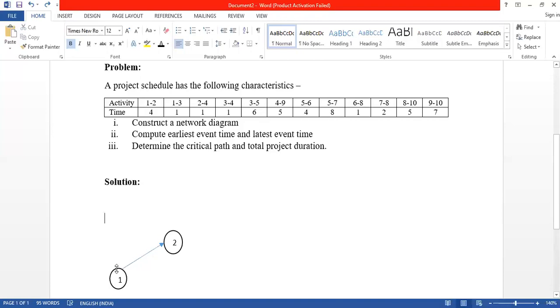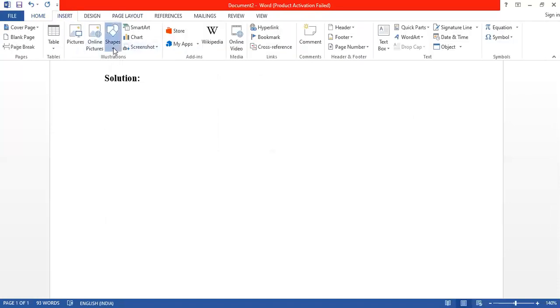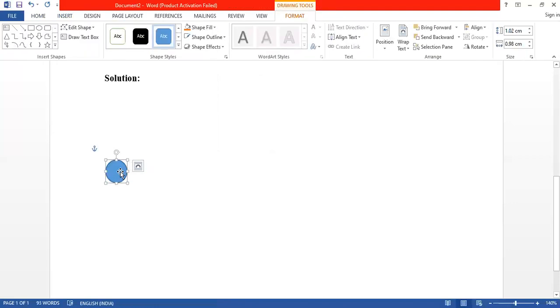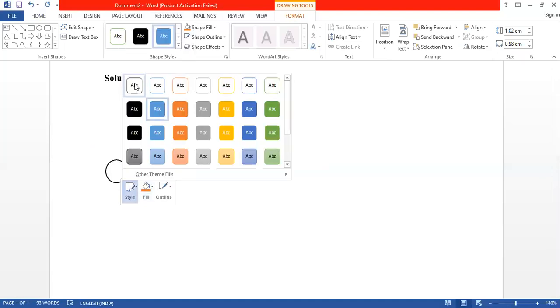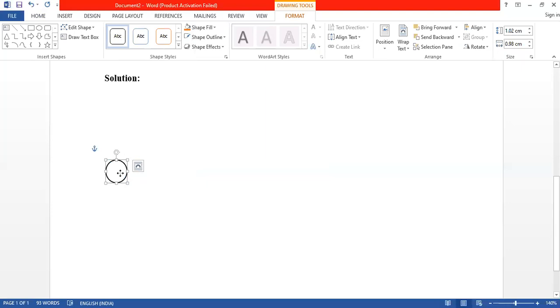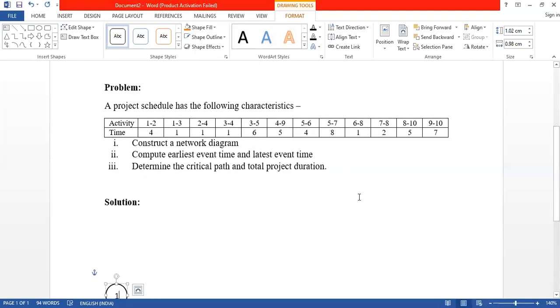Just a minute, I'll just adjust these things. So what we did is we have an event which is our initial event, and we named it as first, as this is the first event as per the information also.